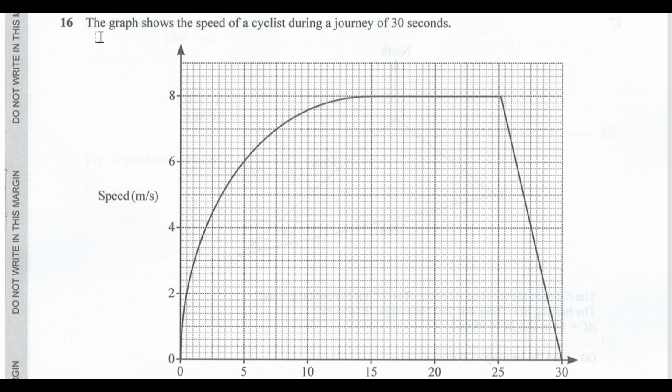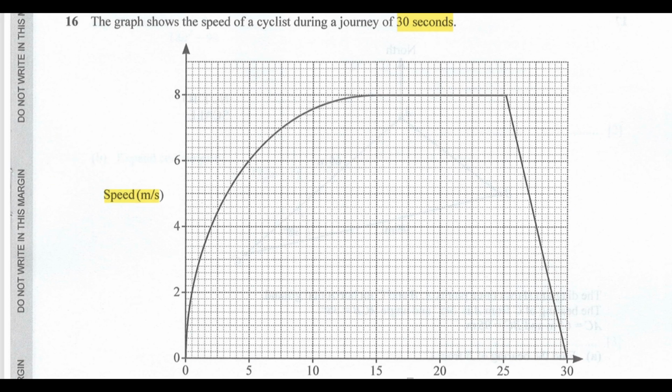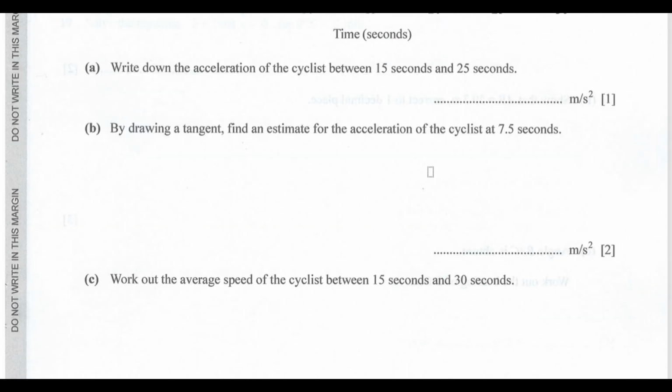The 16th question says the diagram shows the speed of a cyclist during a journey of 30 seconds. On the y-axis we have speed, on the x-axis we have time in seconds. First part says write down the acceleration of the cyclist between 15 seconds and 25 seconds. So acceleration is always defined by the gradient of the curve or the gradient of the graph line.